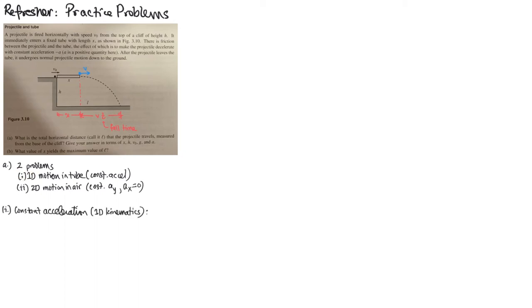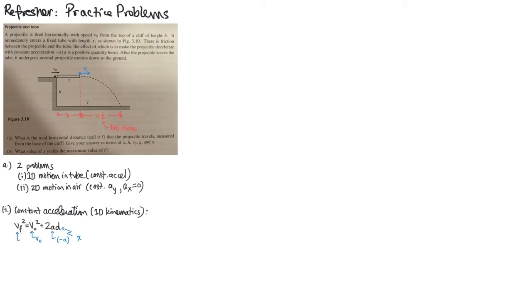And you likely recall that for constant acceleration, 1D motion, we can relate the initial and final velocities, the acceleration and the distance traveled in this way. Vf squared equals v initial squared plus 2ax. And here we know that v0 we're just given as v0. We're told that the acceleration is minus a, and we're told that the distance traveled through the tube is x.